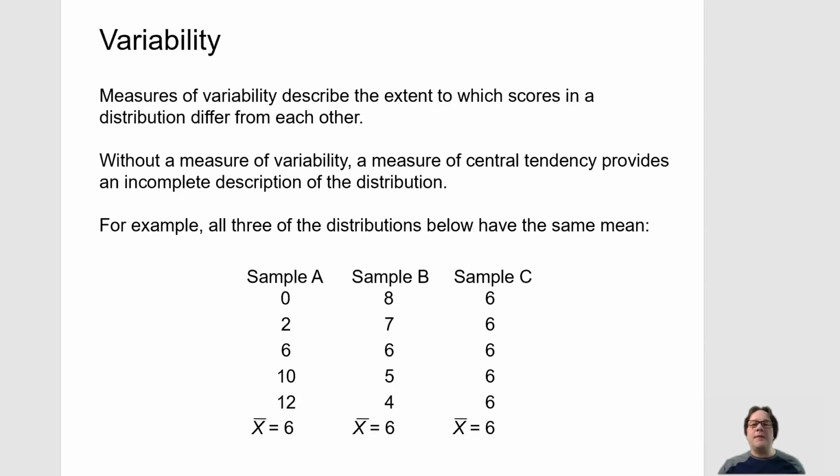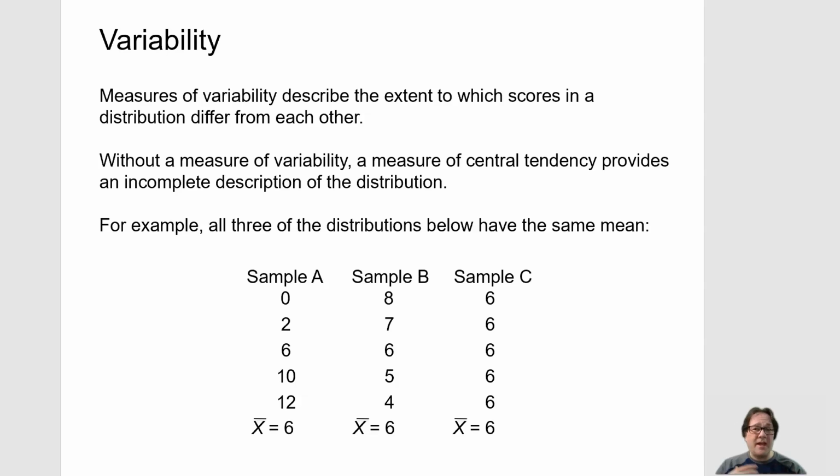So the mean by itself gives us only half of the picture in terms of trying to describe a distribution, because all of these have a mean of 6, but they're very different distributions.